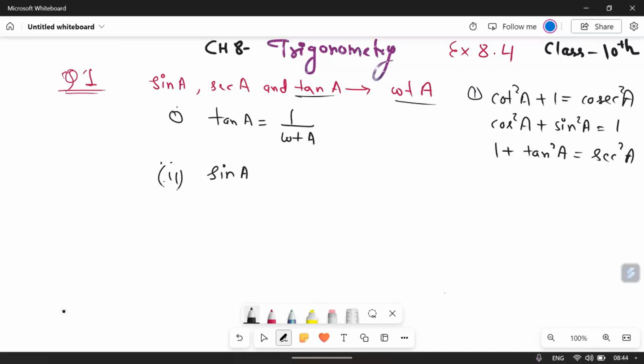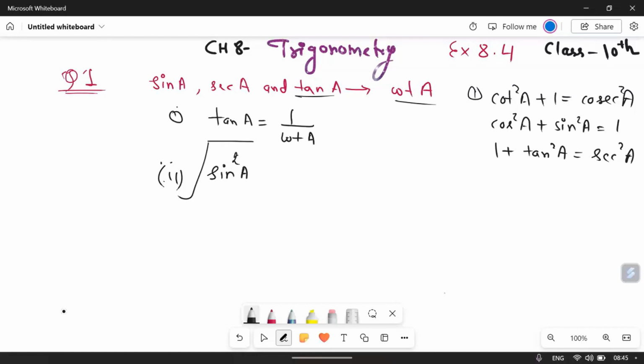It doesn't matter, you can change the sequence. So sin A, here it is cosec square A. There is a direct relation between cosec square A and sin square A. So what we will do here, we will square the sine and take the under root.